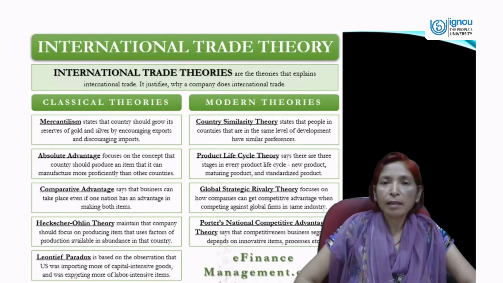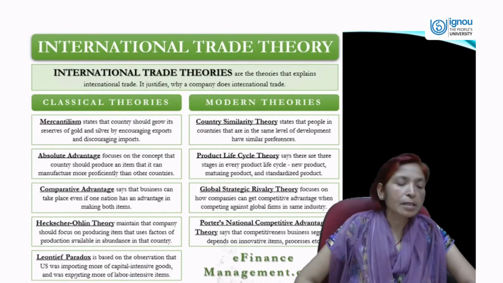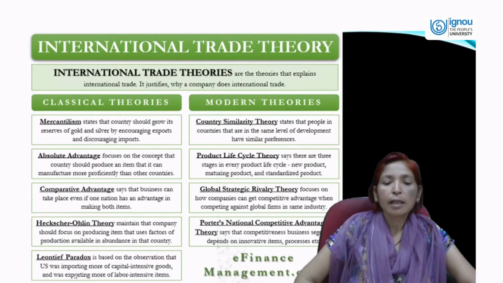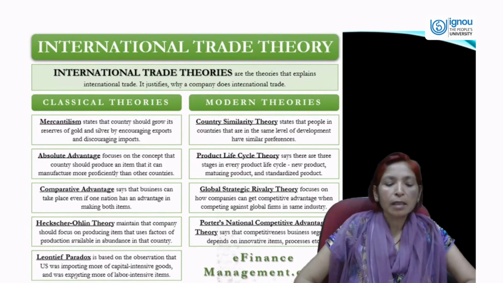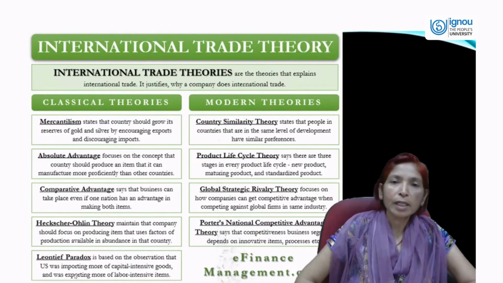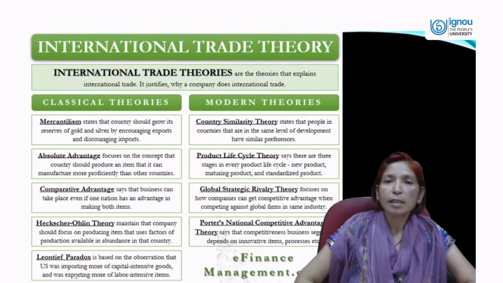Heckscher-Ohlin theory maintained that companies should focus on producing items that use factors of production abundant in that country. Heckscher-Ohlin theory basically tells us about factor endowment. It depends upon what type of factor we have more. If in our country labor is abundant, then we will produce more labor intensive products, and by exporting these products we can get advantages from international trade.